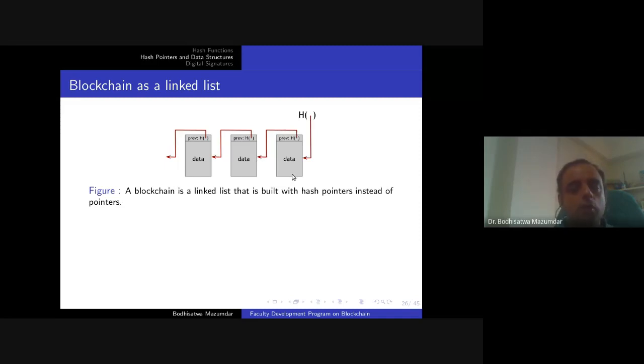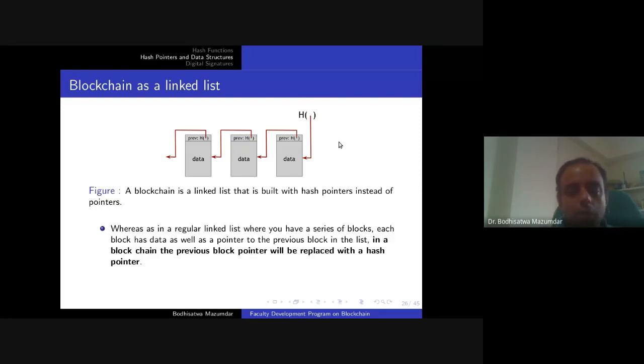Whenever you add a new record to the system, it is added over here, and then this head hash pointer points to that record. Whenever you are storing data, you are storing the data along with its hash.